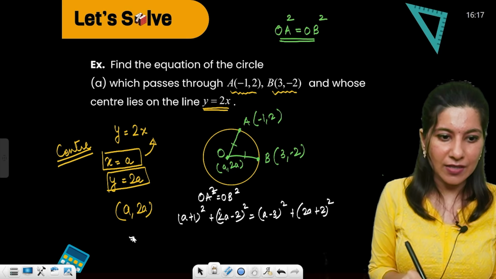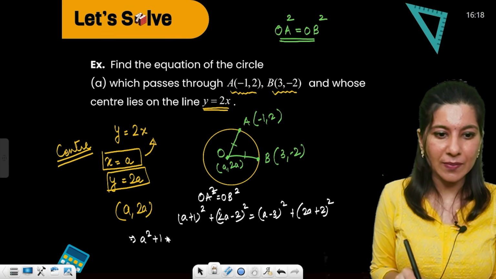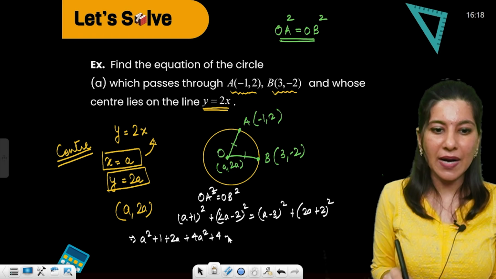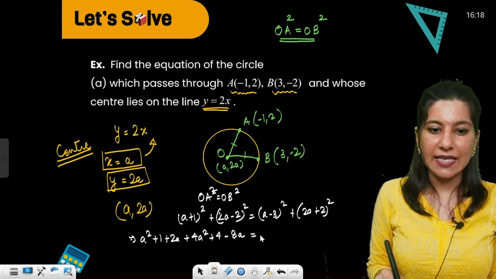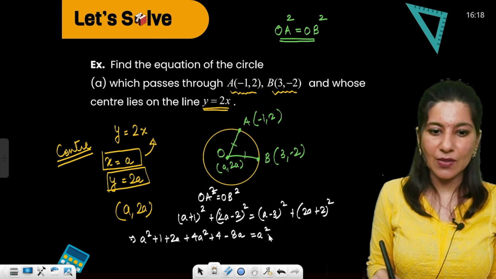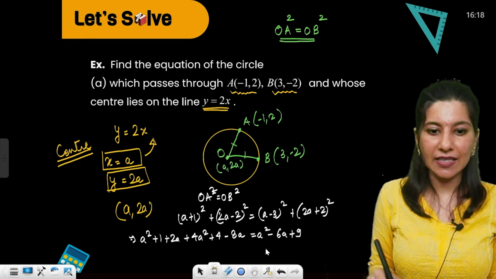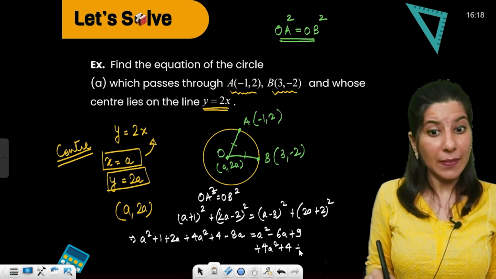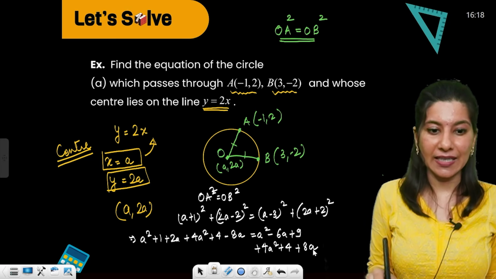Let's expand. So this is going to be a square plus 1 plus 2a plus 4a square plus 4 minus 8a is equal to a square minus 6a plus 9 plus 4a square plus 4 plus 8a.